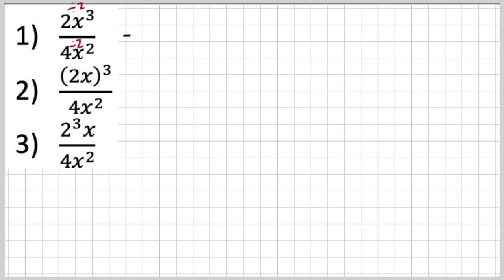Well, I can divide both the denominator and the numerator by 2, leaving me with a half. Can I apply law 1 with the x's? Yes. I can subtract the exponents because I am dividing them. Next up, let's simplify. X to the power of 3 minus 2 is 1, but I can just write that as a half x.